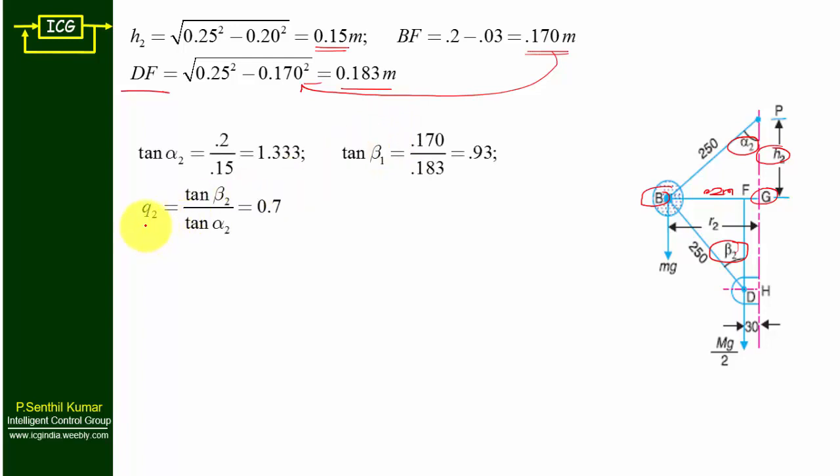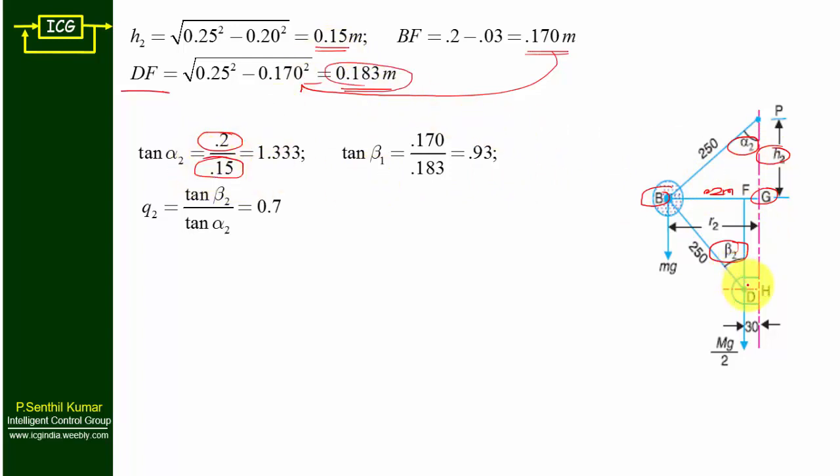Again we can find Q2. Q2 equals tan beta 2 divided by tan alpha 2. Here we have beta 2, here we have alpha 2. So what is tan alpha 2? Tan alpha is nothing but the opposite side divided by the adjacent side. So what is the opposite side? PG. So PG equals 0.2 meter, then the adjacent side h2 0.15 meter.